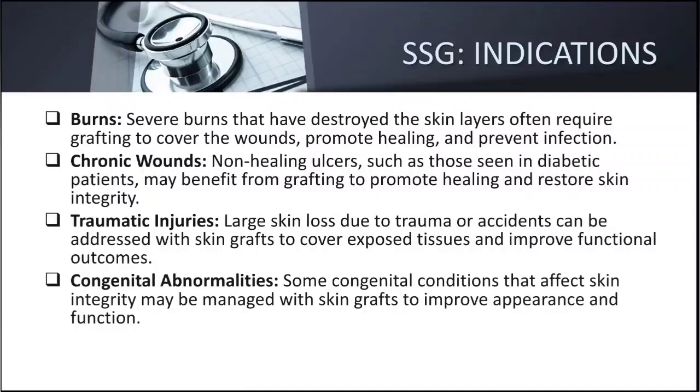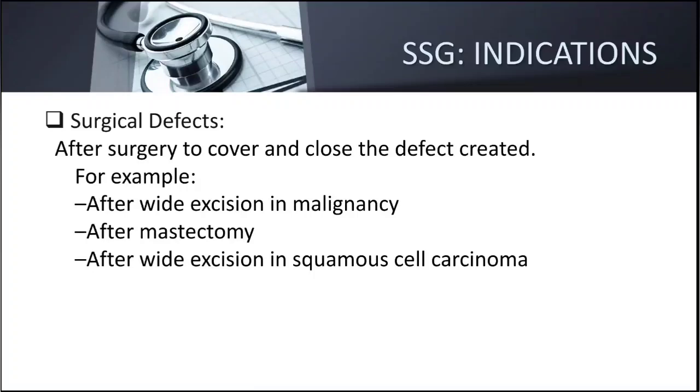Congenital abnormalities. Some congenital abnormalities that affect skin integrity may be managed with skin grafts to improve appearance and function. And surgical defects. This is after surgery to cover and close the defect created.